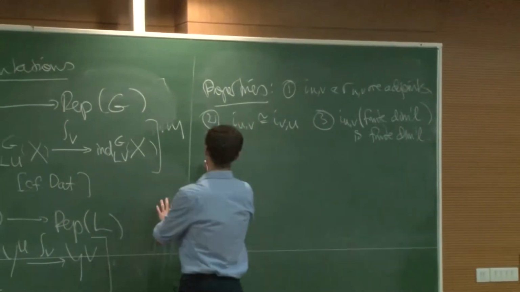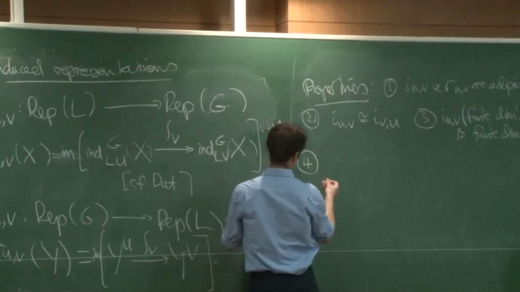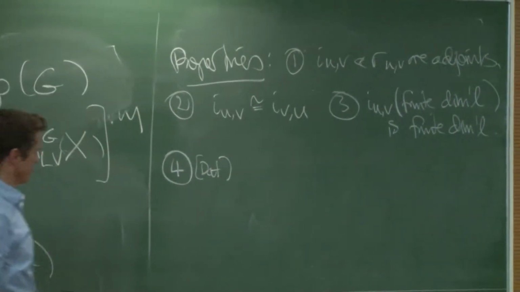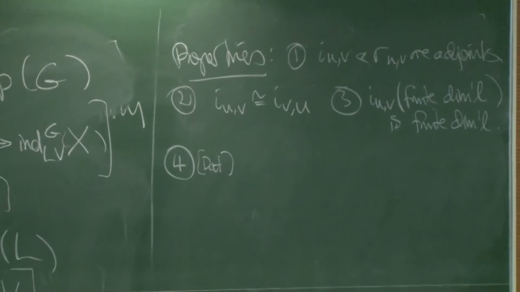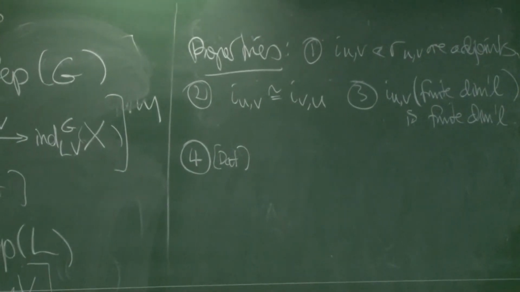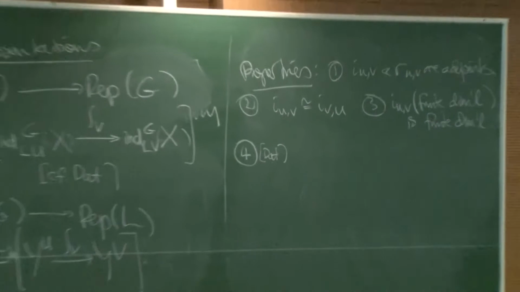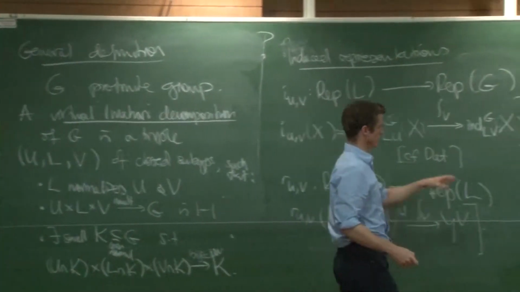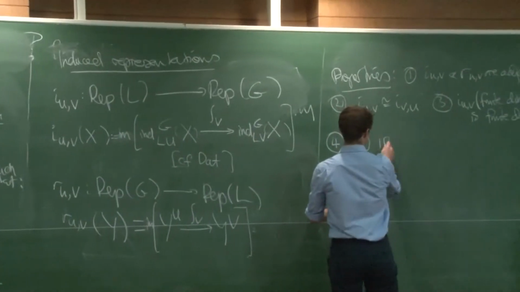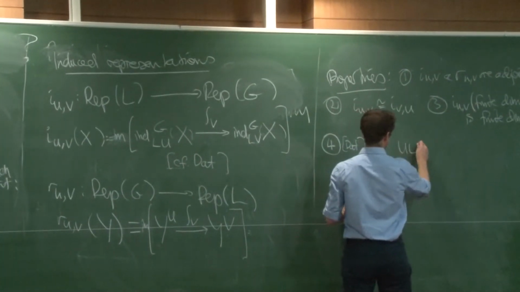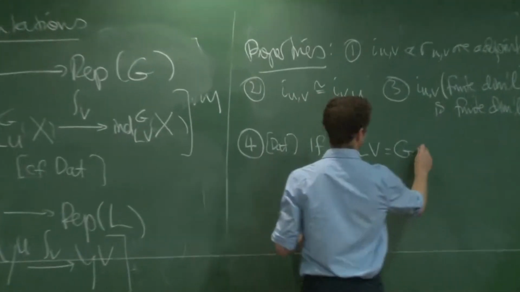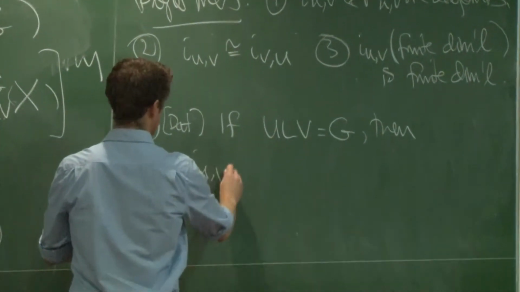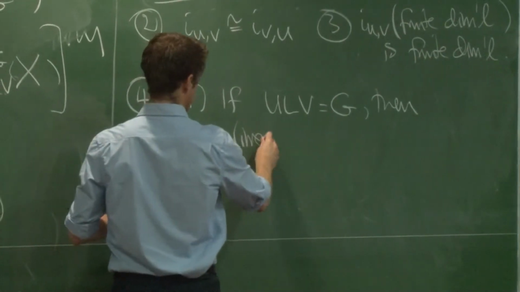Okay, and so as I said, that considered a slightly more restrictive case of these functors where the product ULV is a subgroup. Let me tell you some properties that hold if this product ULV is actually all of G, then this induction functor does preserve irreducibility.